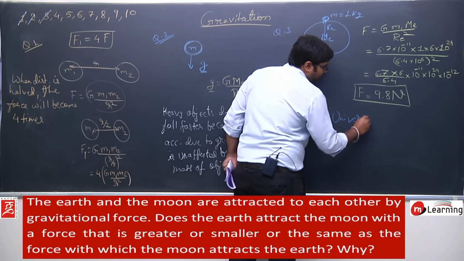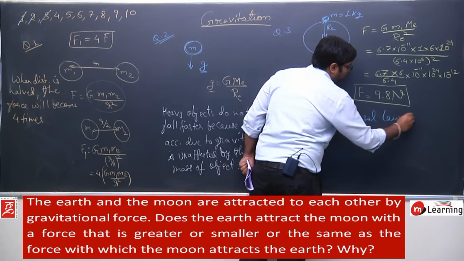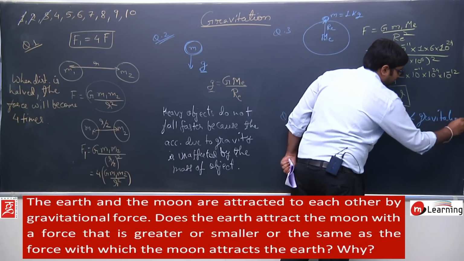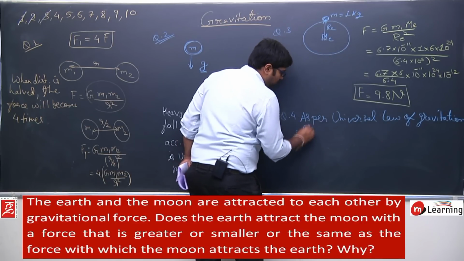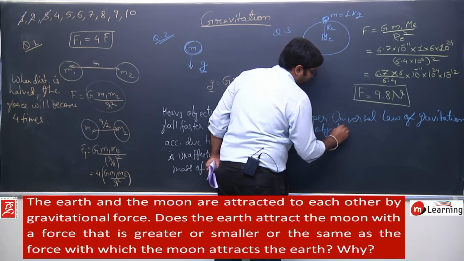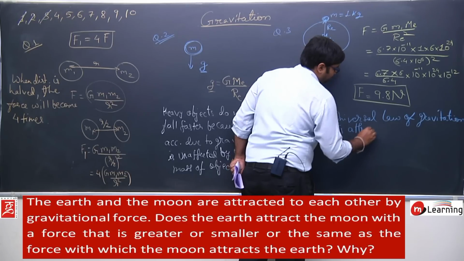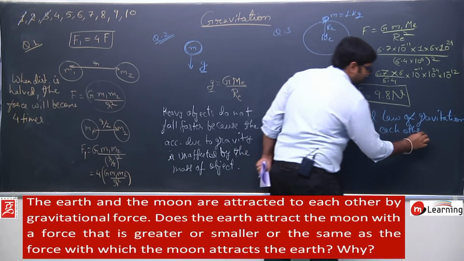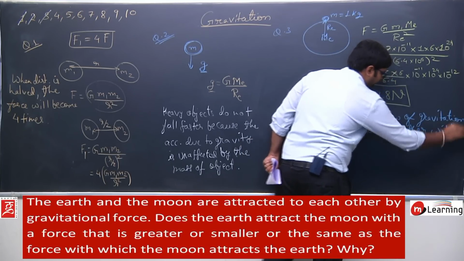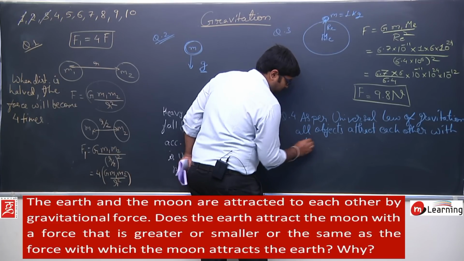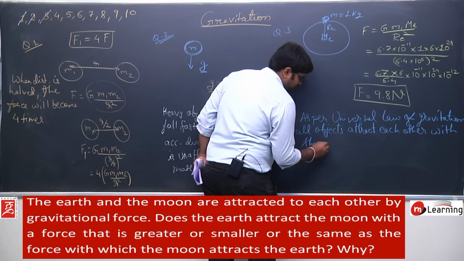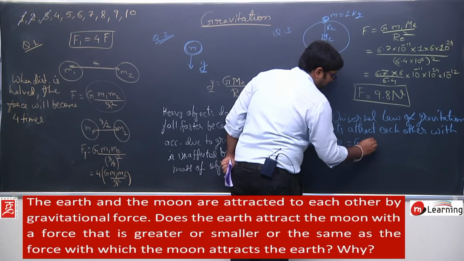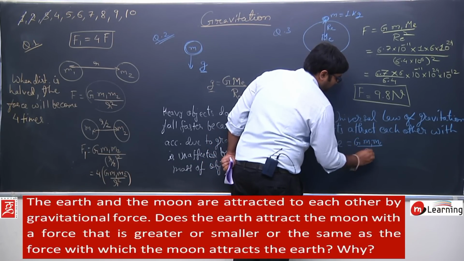We can simply answer this question in a way that as per the universal law of gravitation, all objects attract each other with a force equal to G times m1 m2 upon r square.